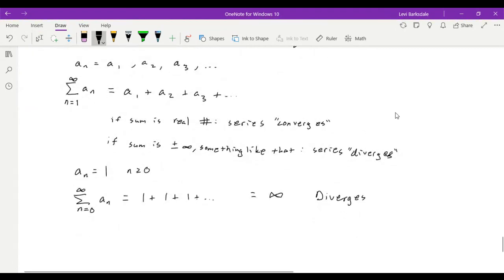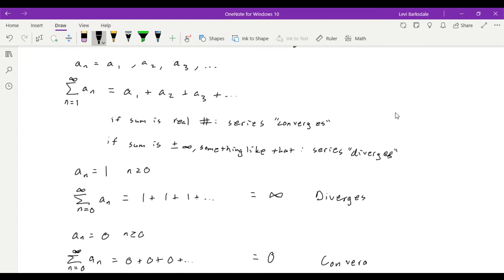And if we wanted a simple series that converges, we could just take the series where every term is 0. Once again, I'm just going to start with n being 0. If you take 0 and add it to itself infinitely many times, no matter how many times you do it, you should still end up with 0.